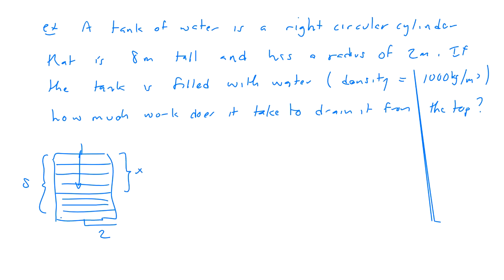So let me pull out one of the slices. Let me go through the steps. So first, let's make this little slice for now delta x, which will become dx.